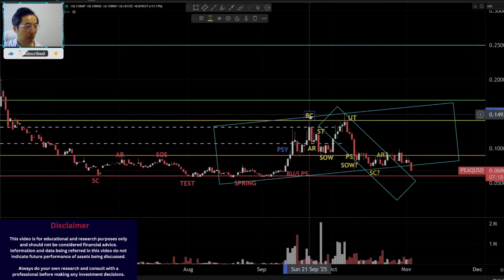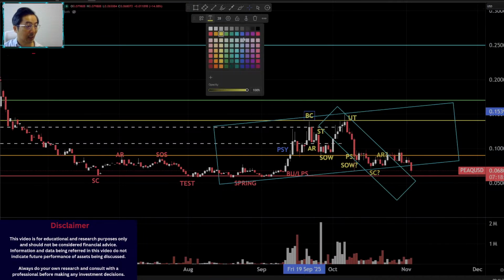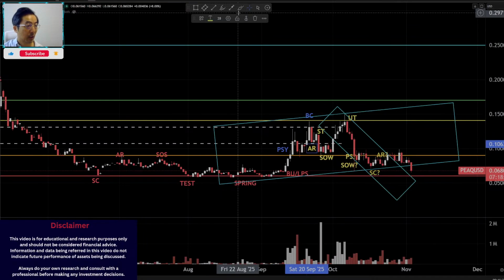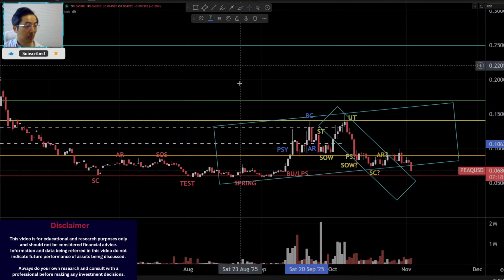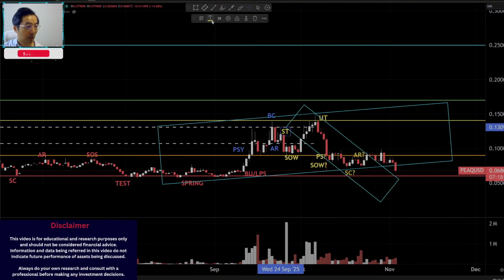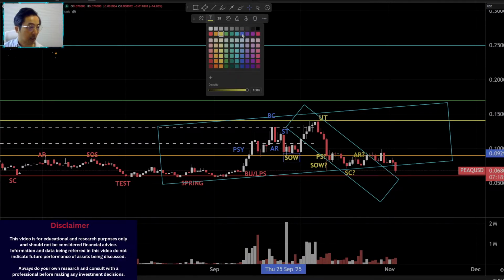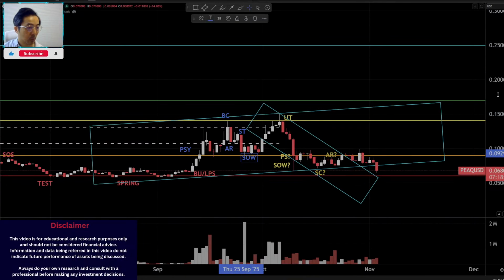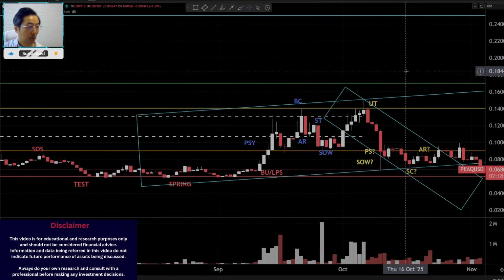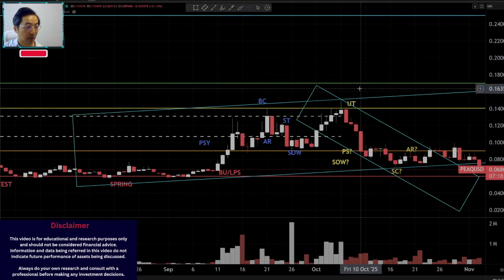Since in the previous session we were still discussing whether this is actually a mini distribution, and now it seems it's been confirmed, I'll change this tag to blue instead of yellow. Blue is the usual color that we use to differentiate the distribution from the accumulation cycle.